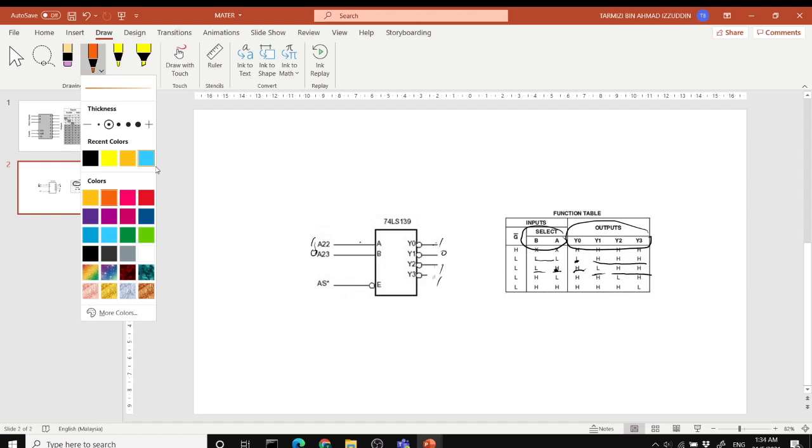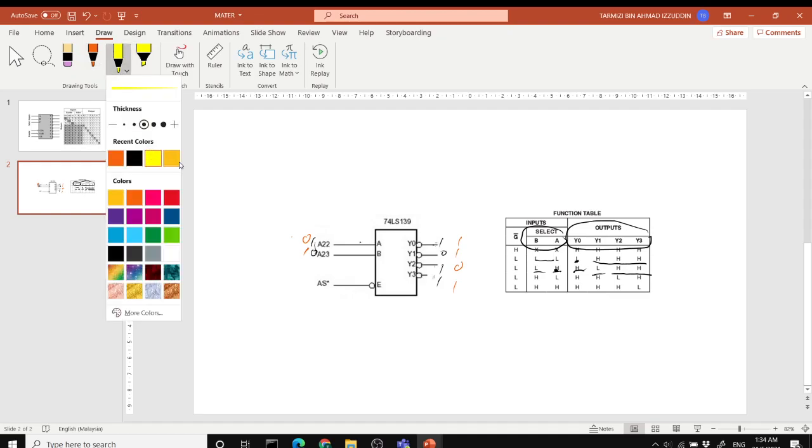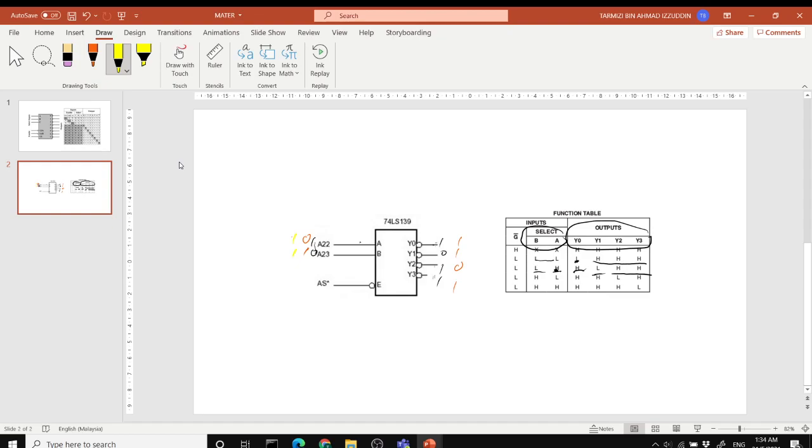What if B is high? Now B is 1 and A is 0. So you have an output of high, high, low, high. And when both are high, 1, 1, you have an output of high, high, high, and finally low.